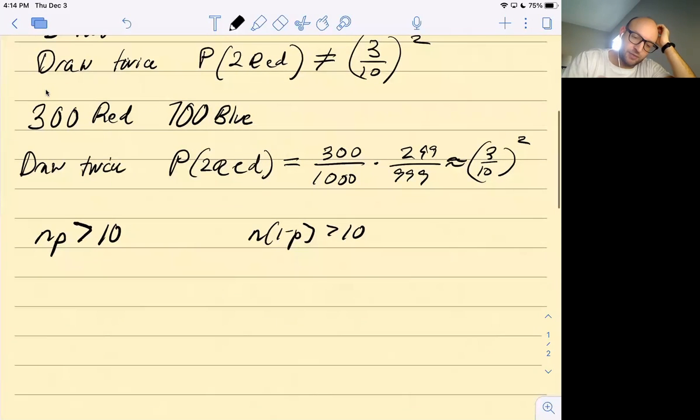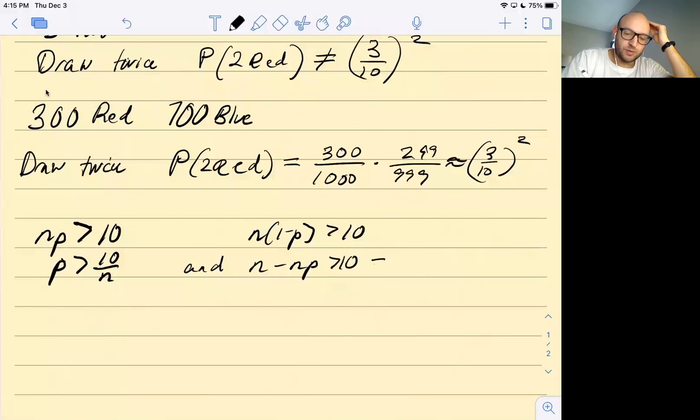Then if you rearrange this, you want P to be greater than 10 divided by N. And if you rearrange this one, this becomes N minus NP is greater than 10, or in other words, P has to be less than 1 minus 10 over N.